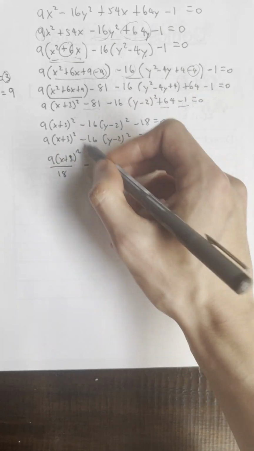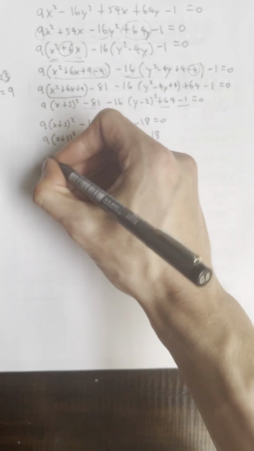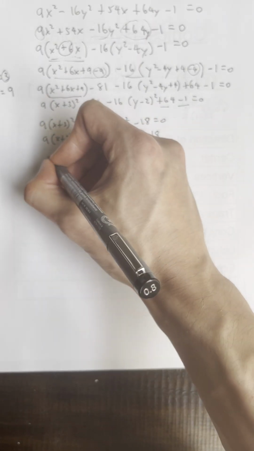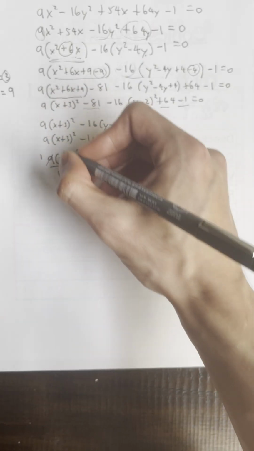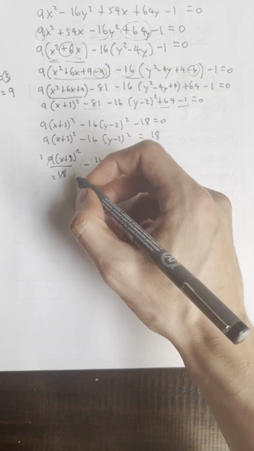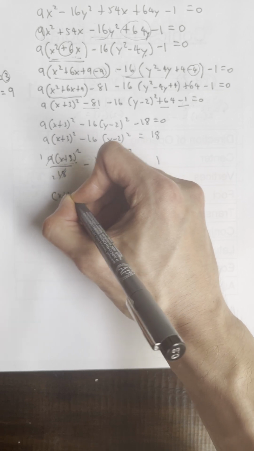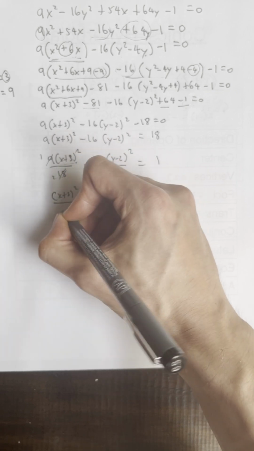How do we simplify this fraction? We can divide out 9 on the top and bottom. So 9 divided by 9 is 1, and 18 divided by 9 is 2. So this fraction becomes 1 times this, so x plus 3 squared over 2.